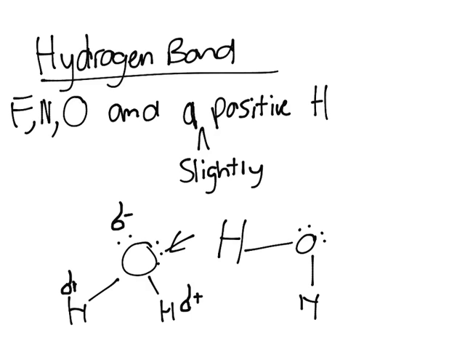The negative oxygen, that's not a real bond, it's just an attraction, an intermolecular force. The negative is attracted to the positive once again. And here we have positive, negative, positive. And the element in place of oxygen could be fluorine, nitrogen, or oxygen. That would all be considered a hydrogen bond.